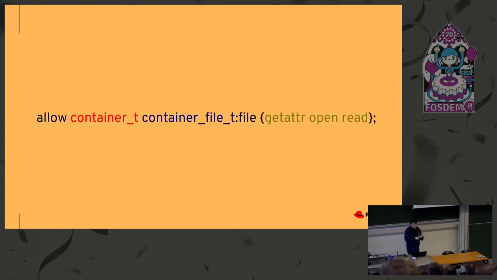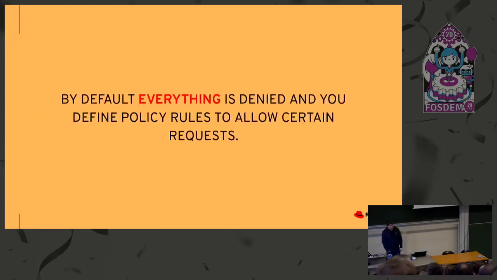The second part says that any process labeled as container_t can read, open, and get attributes of files labeled as container_file_t. And what is important to say is that everything is denied by default, so you need an explicit allow rule inside the SELinux policy, which is loaded into the kernel, to allow some syscall.